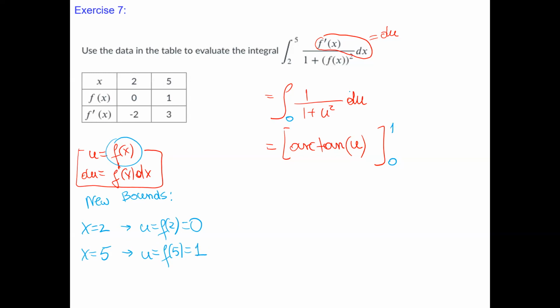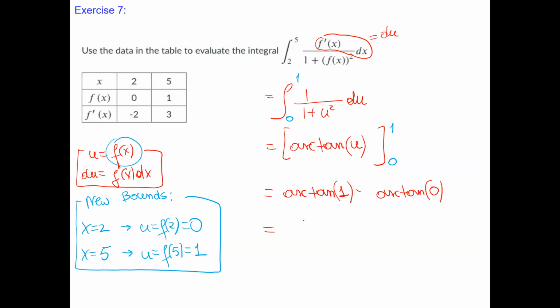We like those limits for arctangent: arctangent of 1 minus arctangent of 0. Tangent of what angle is 1? 45 degrees. Tangent of what angle is 0? 0. The final answer is pi/4.